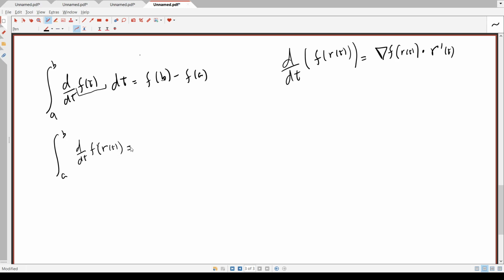So from this, dt, we know that this is equal to f at r, so I should put t0 and t1, probably better numbers.